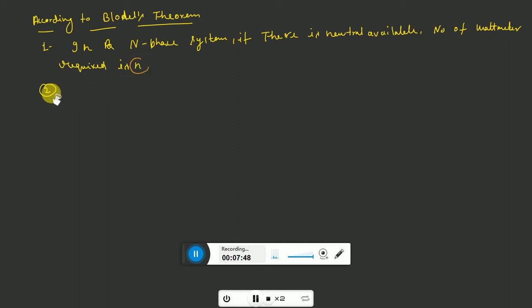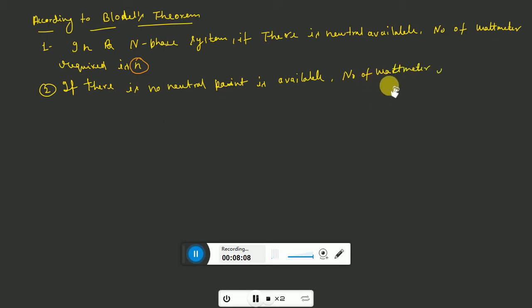And second, if the neutral point is not available, the number of wattmeters required is n minus 1.